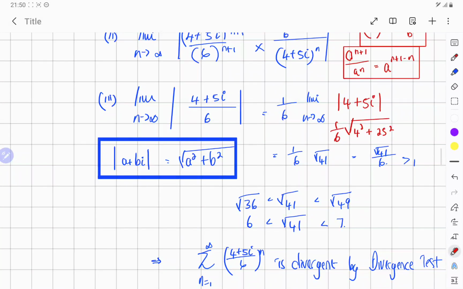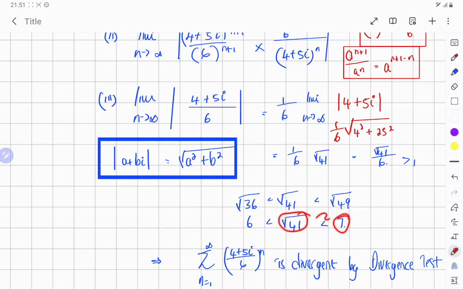Now, very important, some students find it hard to see whether or not this term is greater than 1. So what do you do? You know 41 is between 36 and 49. Why did I use these two numbers? Because 36 is the first number smaller than 41 with a square root, which is 6. 49 is the first number bigger than 41 with a square root, which is 7.